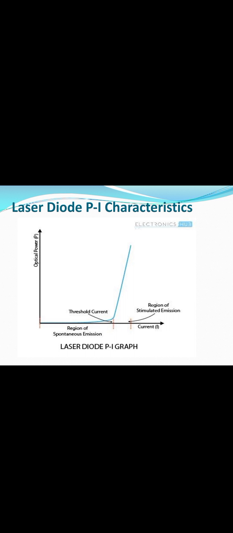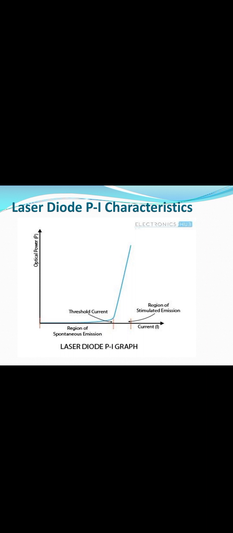It shows current versus optical power. At first, as the current increases, the optical power increases only slightly. Then there is one sudden change, the region of spontaneous emission.